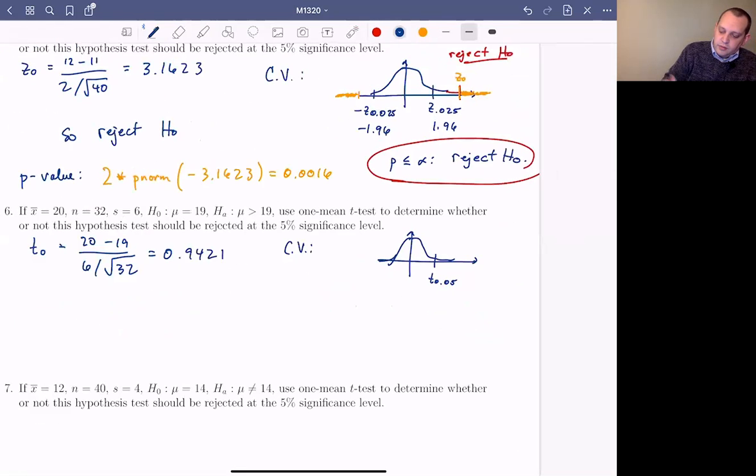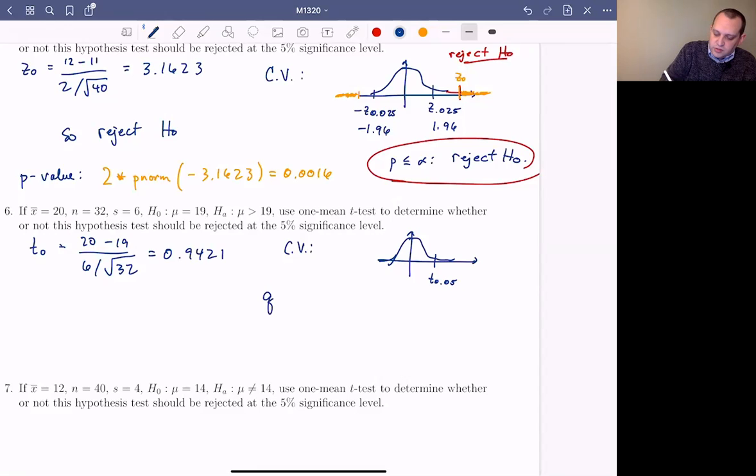If we want to compute this critical value, there are a few different ways we can think about this. We can compute the value using symmetry, or let's just do this. This will be Q, because we're going to give it the probability and we want to get the actual value.